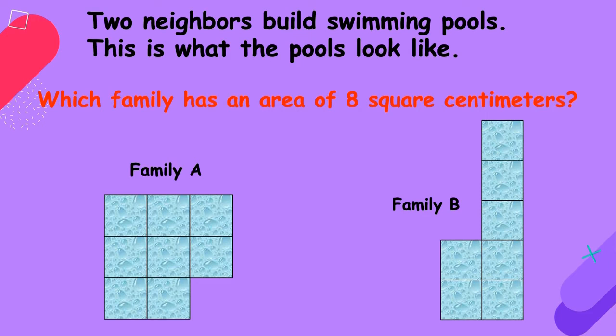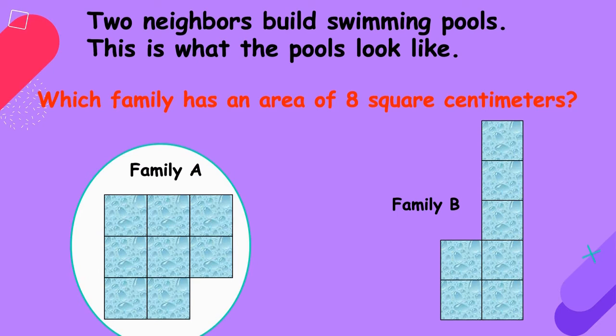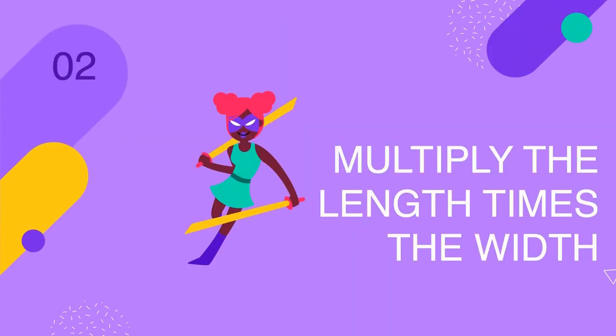Is it family A or family B? If you said family A, you are correct. Awesome job, superheroes. Well, that's the first way, by counting the squares. The second way for us to find the area is to multiply the length times the width.